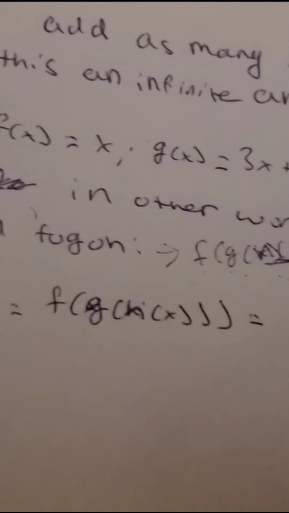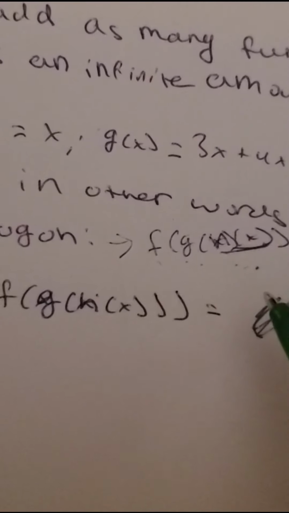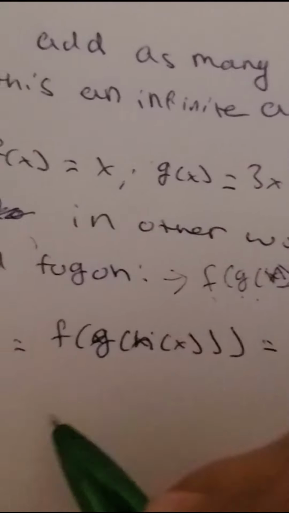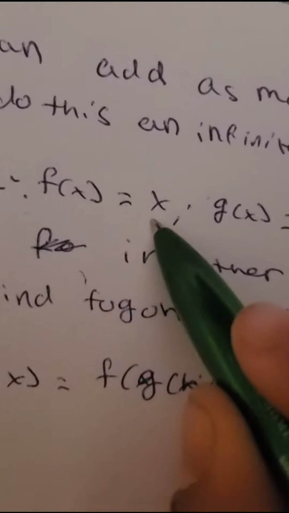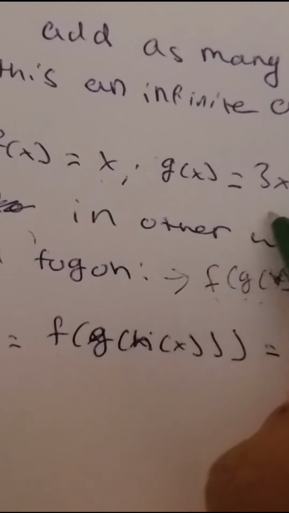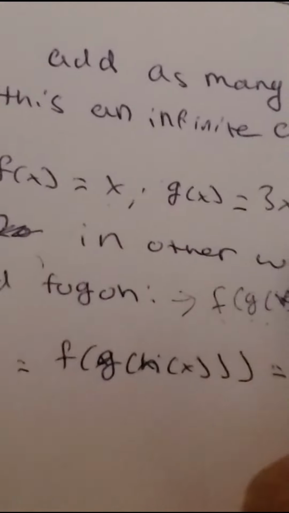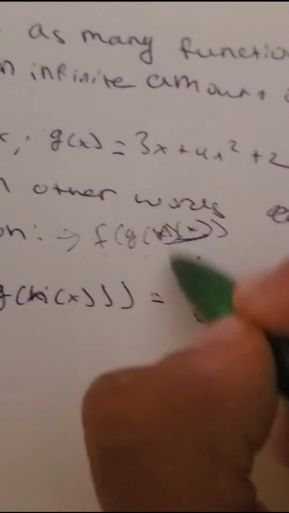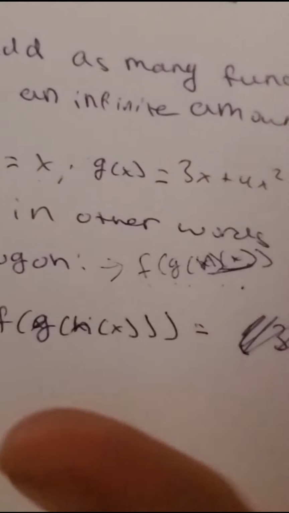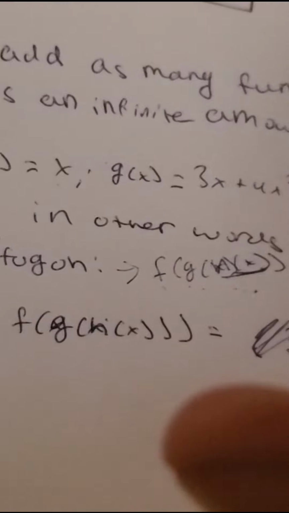Alright, so doing this example, we're going to take it one step at a time. We defined f of x is equal to x, g of x is equal to 3x plus 4x squared plus 2. I know that's not in standard form, and h of x is equal to 1 over x. Sorry for the mess here, we're just going to do this quickly.